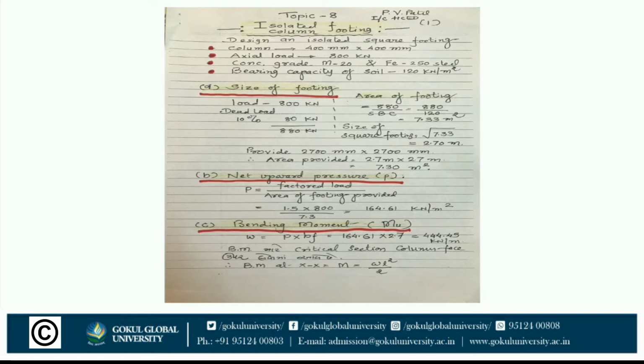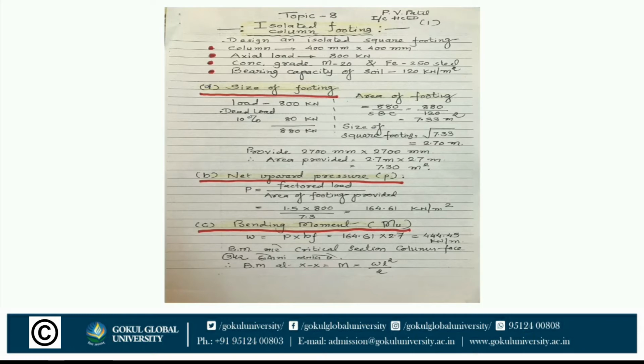So area of square footing will be 880 upon bearing capacity of soil, which is 7.33 square meter. Therefore size of footing will be 2.7 meter, which you can see in the sheet.